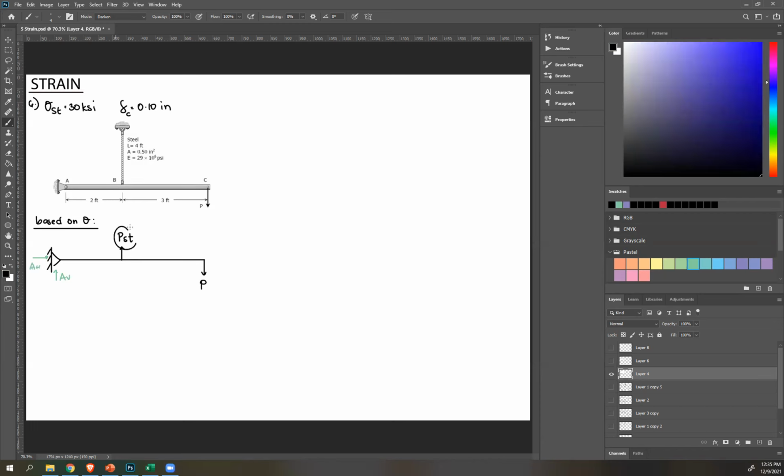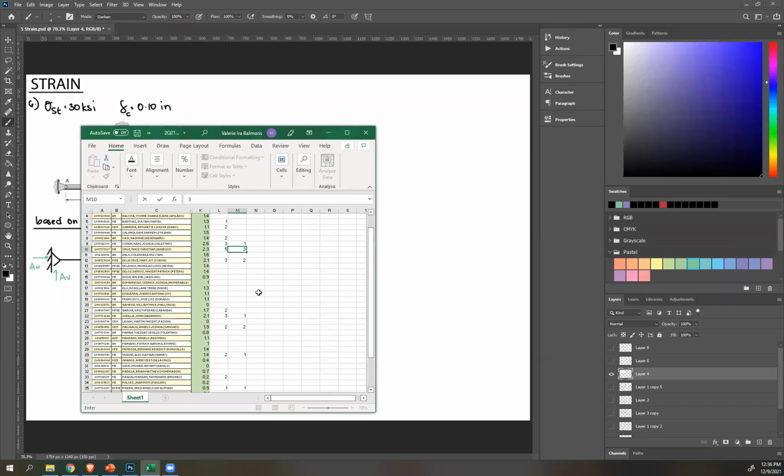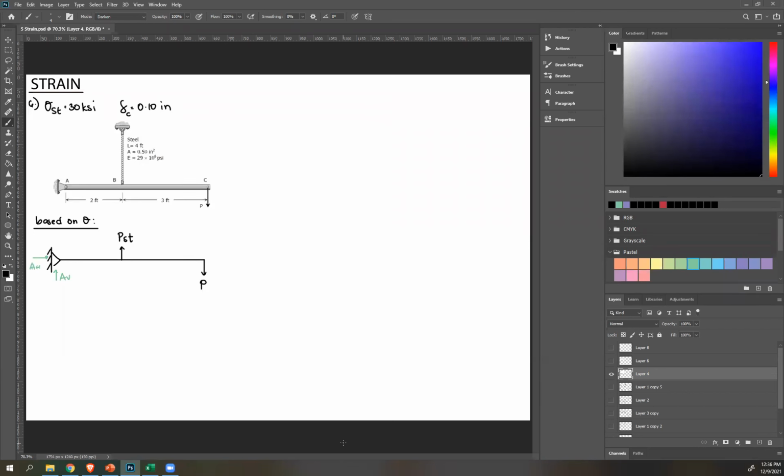Again, the goal here is to get PST. Can anybody tell me what should I do to get an equation for PST, having this free body diagram? Correct. It's moment.